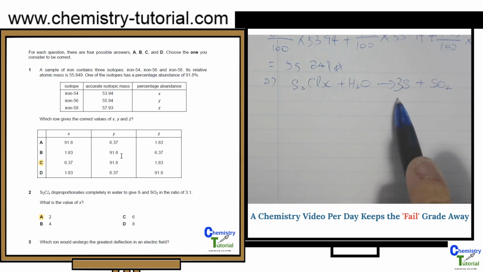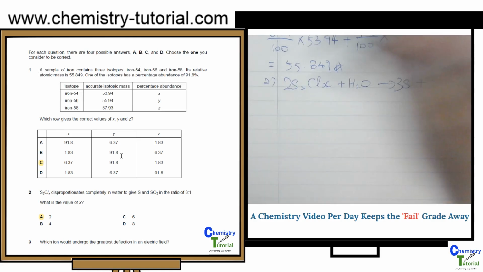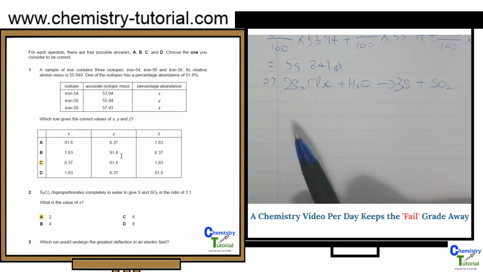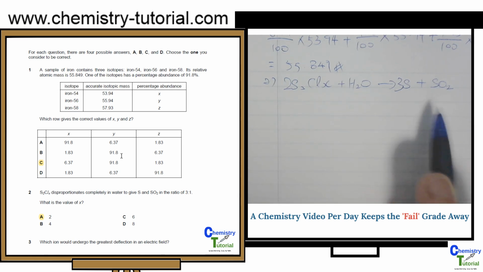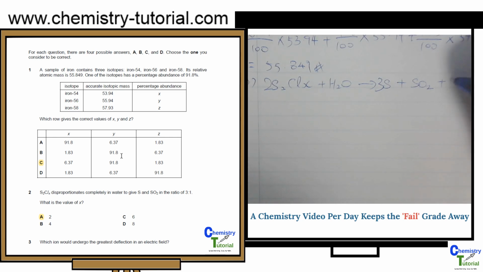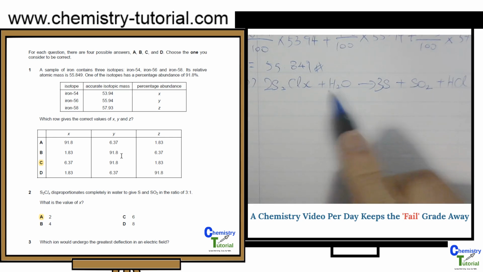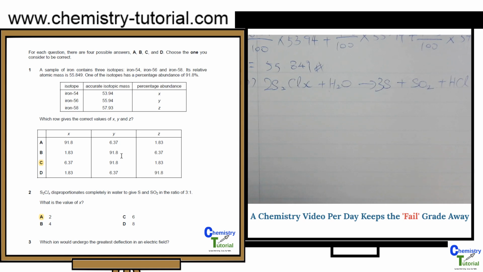Now notice that you have 3 sulfur, therefore you should put a 2 over here. Now next, so you have 4 S. Now how about this O? You notice you have 2 oxygen here. So actually there's another product formed, which is your HCl, because you have H and the Cl, so you probably should expect the formation of HCl as well.